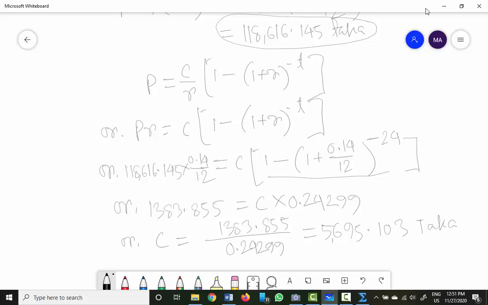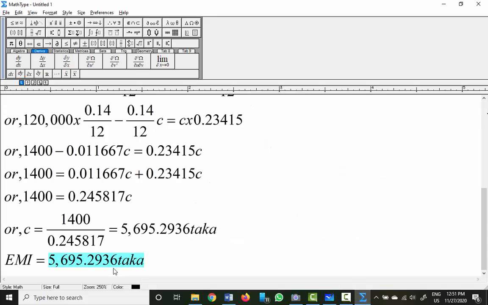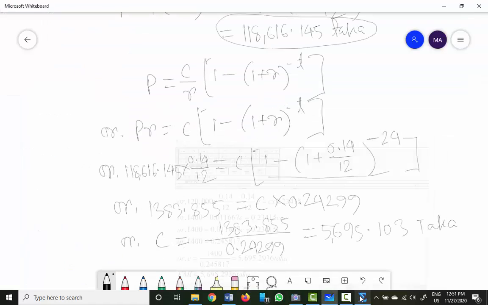So this is the monthly installment amount. Previously we also got 5,695.2936, and now we got 5,695.10. So slight fluctuation is there, but it's the same amount actually. So this will be the monthly installment amount or EMI.